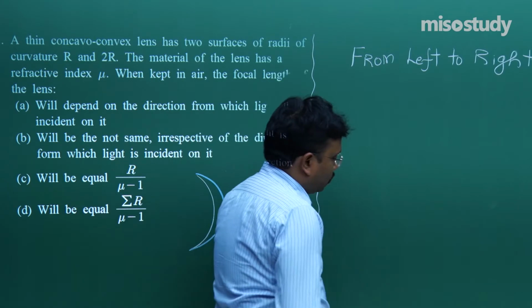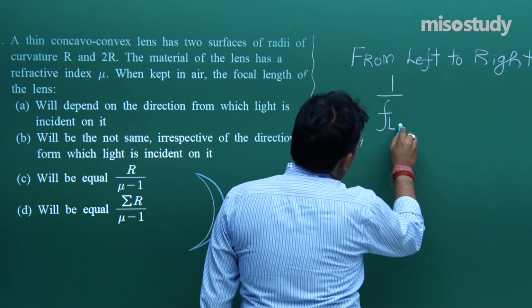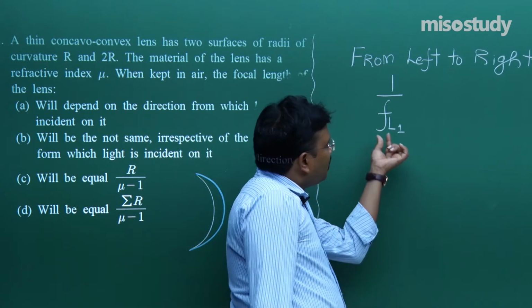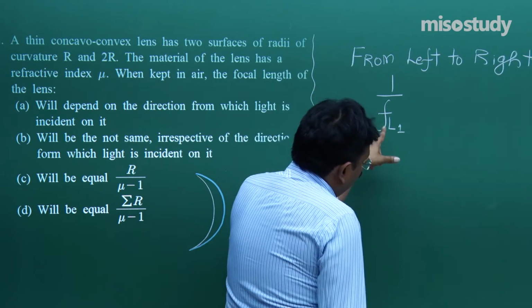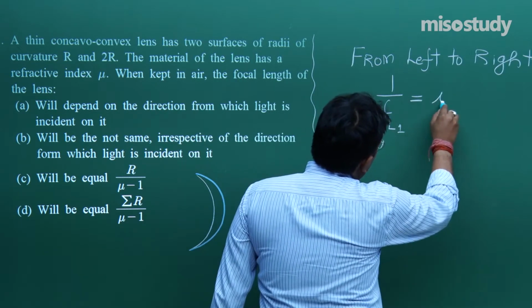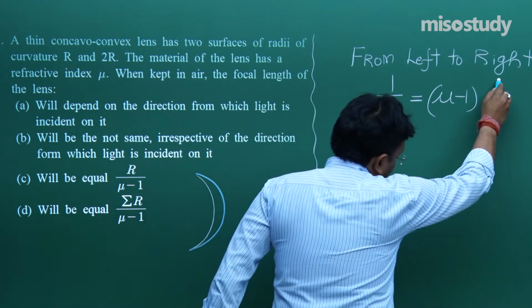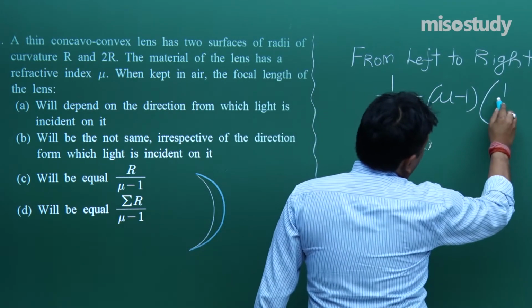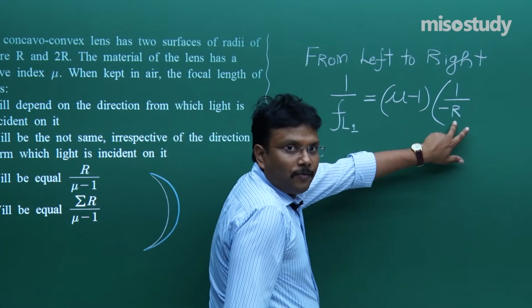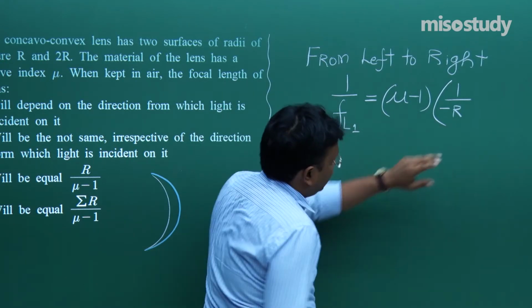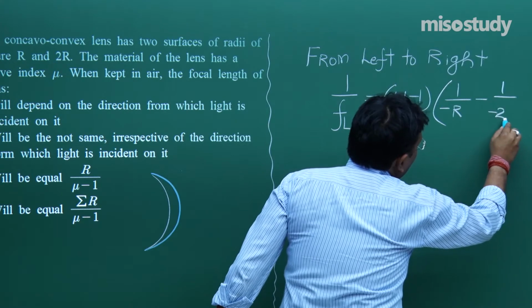So from left to right, 1 upon f L1, nothing different, the focal length of the first lens, that's it. 1 upon f L1 is equal to (mu minus 1), same formula, within bracket 1 upon minus r1. So rather than r1, I am finally putting the values, minus 1 upon minus 2r.